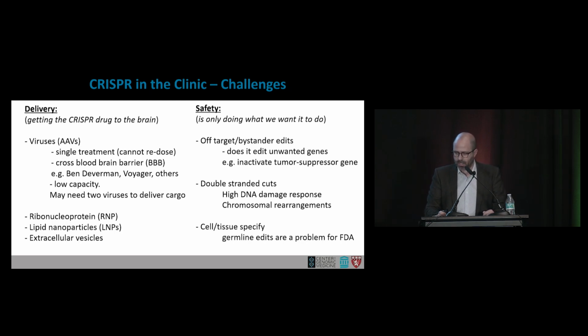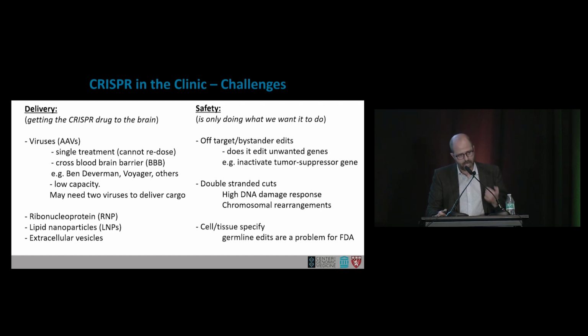Another concern is safety, and essentially what I mean by that is, is a CRISPR reagent doing what we want, or is it doing something else? One common problem with CRISPR is that you might have sequences that are either exactly the same or too similar to the region you're targeting, and Cas9 might be active there, so you might be making edits elsewhere in the genome.